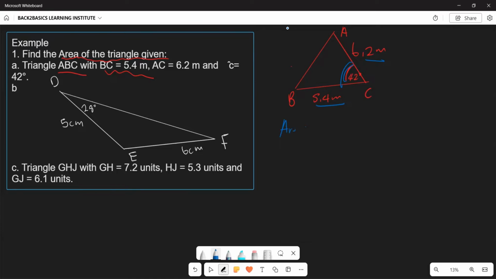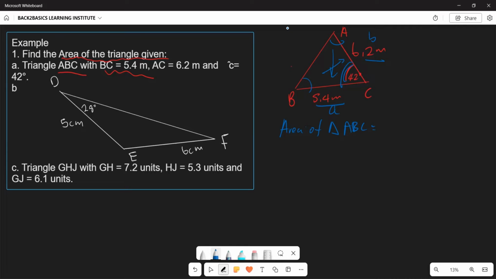So this is going to be the area of triangle ABC, which is going to be equal to what? If this angle here is your angle A, the corresponding opposite side is going to be side A, right? And if this angle is angle B, the corresponding side is going to be B, isn't it so?